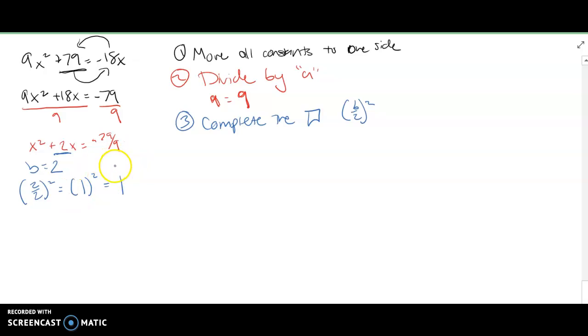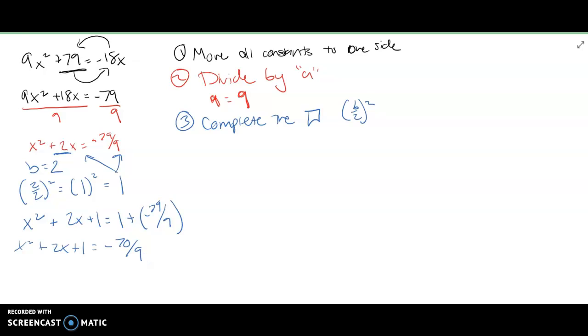So we're going to add 1 to both sides. Now we have x squared plus 2x plus 1, and then 1 plus negative 79 over 9. I'm going to simplify 1 plus negative 79 over 9, and that is now negative 70 over 9.